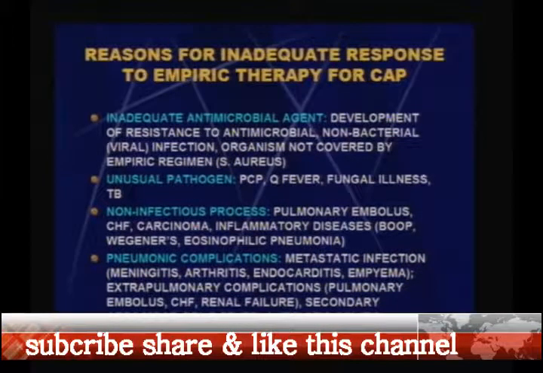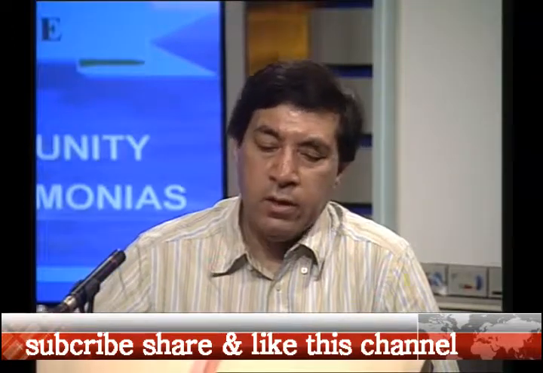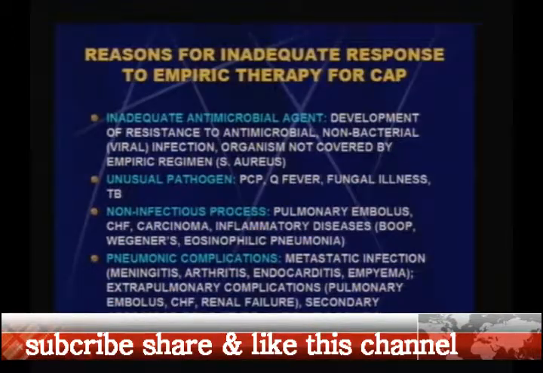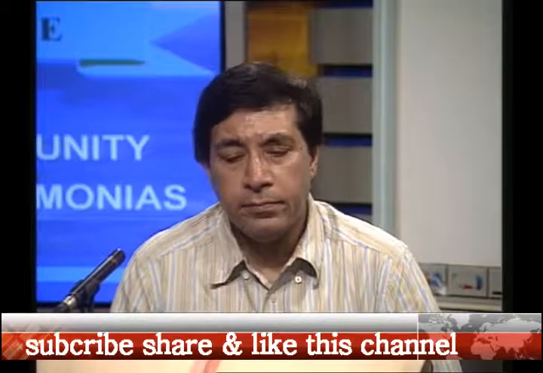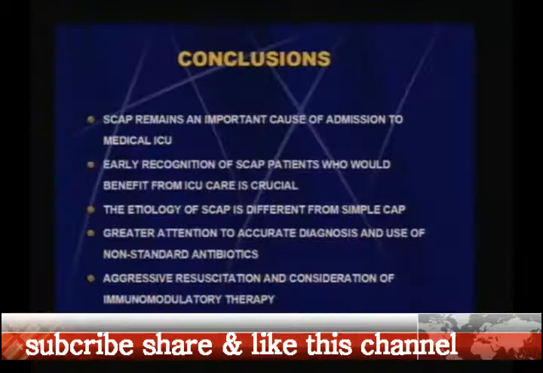So these complications must be actively looked for, and if there is evidence of empyema or pleural effusion, then one should aspirate it for diagnosis, and in case there is evidence of empyema, one should do the therapeutic evacuation of the pus.